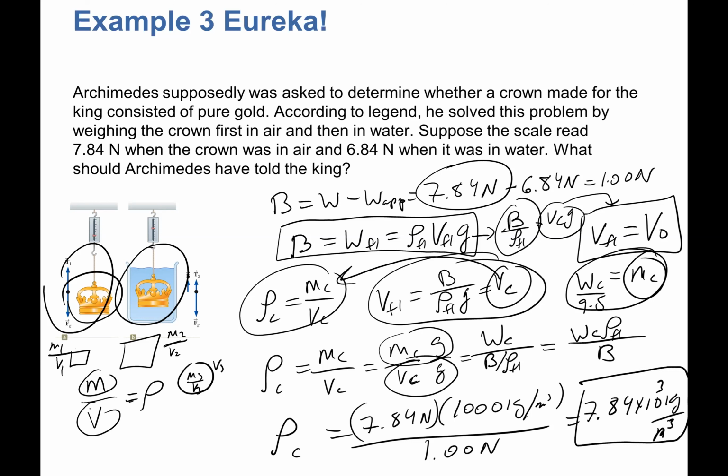Now that wasn't good news for the guy who made it, because the density of gold is roughly 19,000. Let me double check that.